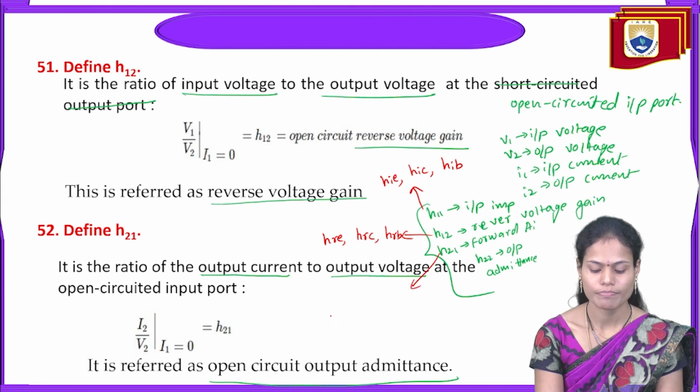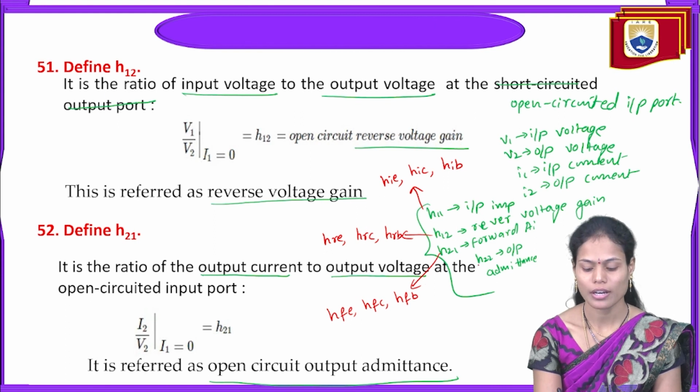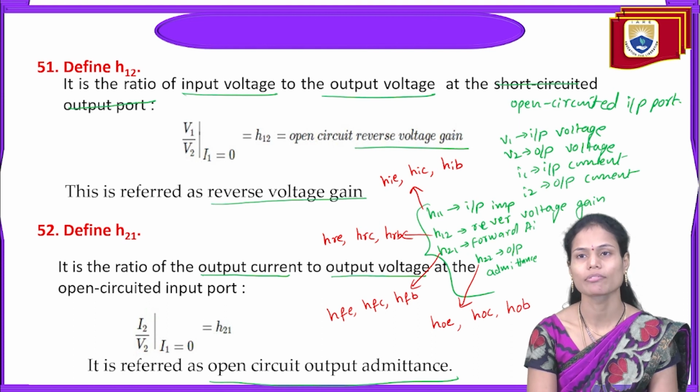H21 is HFE in the common emitter, HFC in the common collector, HFB in the common base configuration. And the last parameter, H22, is HOE in the common emitter configuration, HOC in the common collector configuration, HOB in the common base configuration.